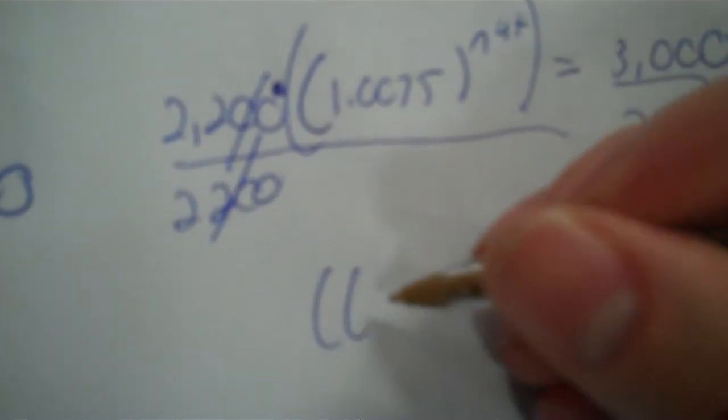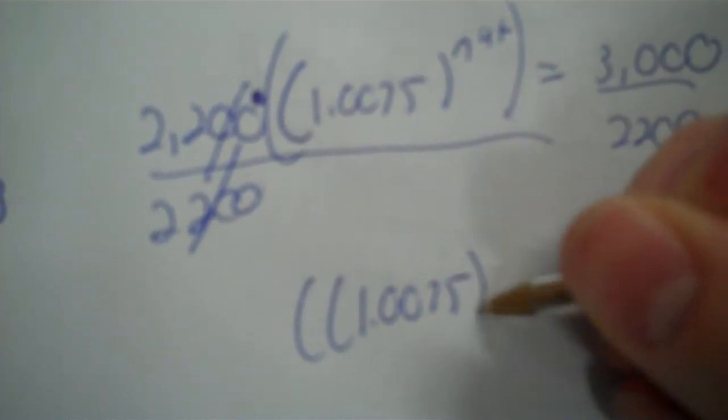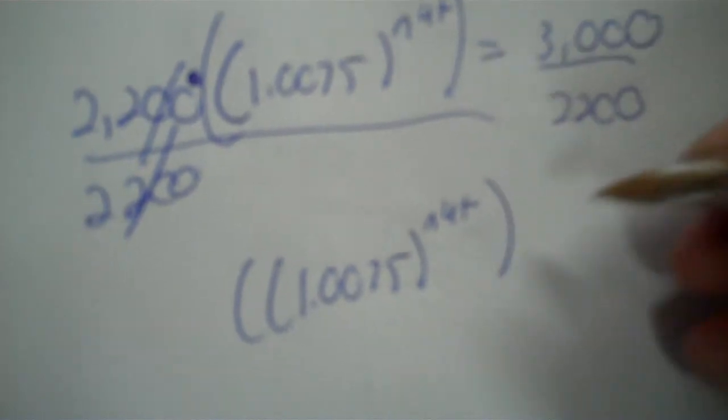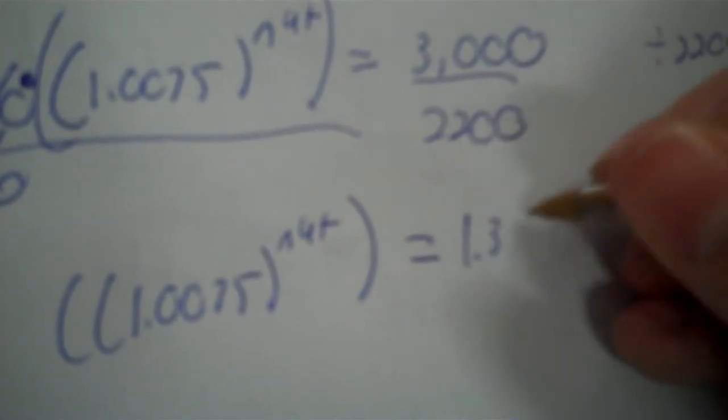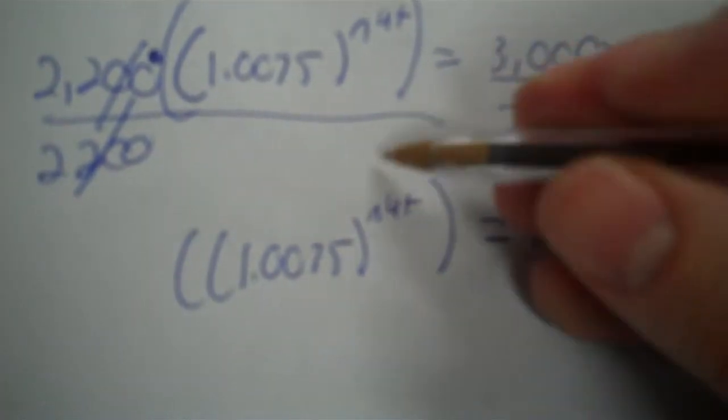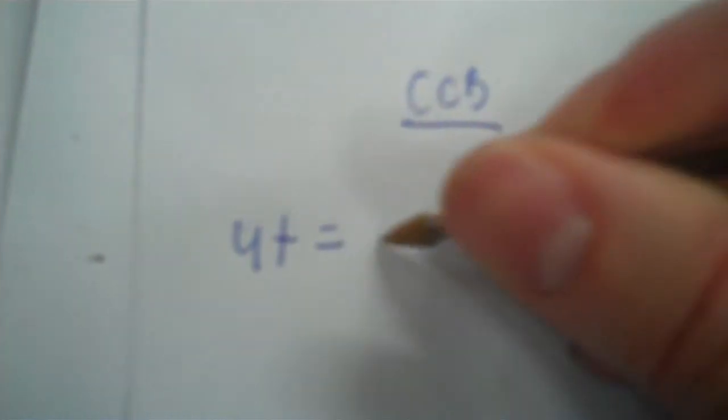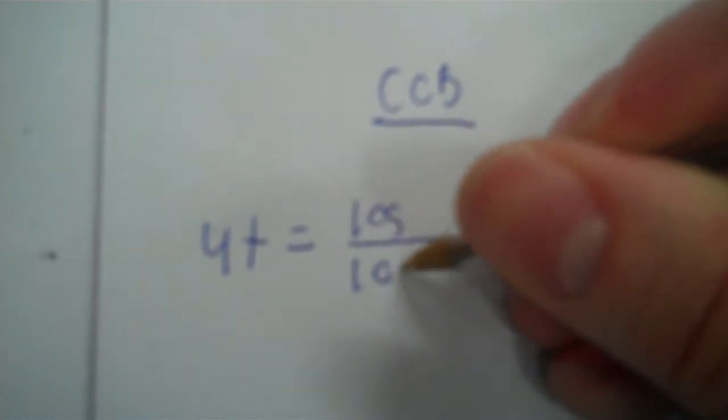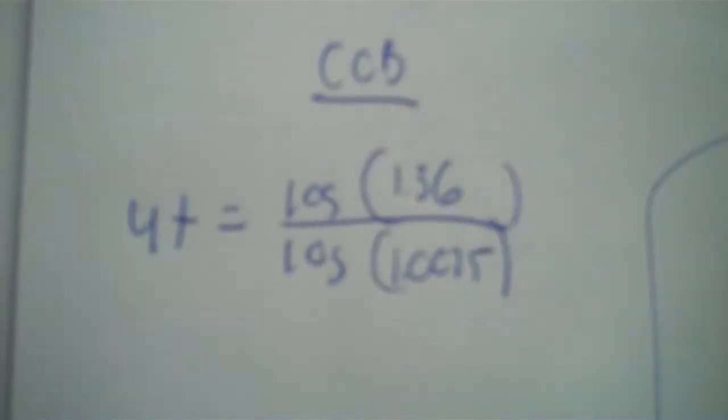And we have 1.0075 to the 4t power equals 1.36. Now you can do your COB because you don't have any operations. You take your exponent 4t, and change of base means log over log. You will be putting the base 1.0075 in the denominator and the 1.36 product in the numerator.